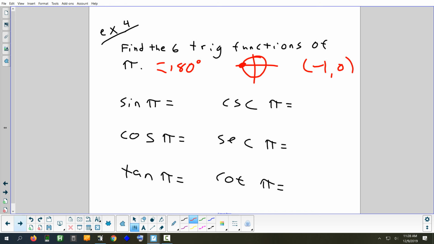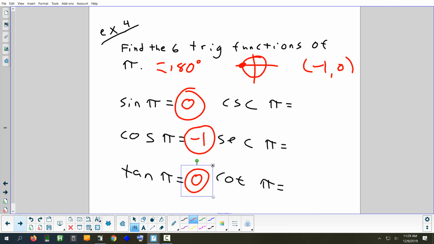And you'd go through and do the same thing we've been doing. Sine is your y, cosine is your x, and tangent is your y over x. And to get the other 3, flip, flip, flip. Same idea.